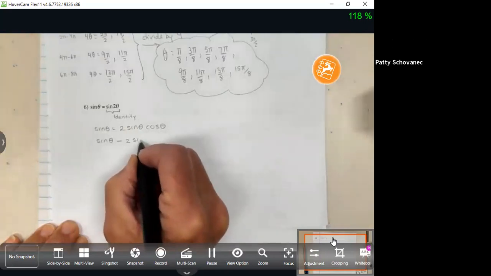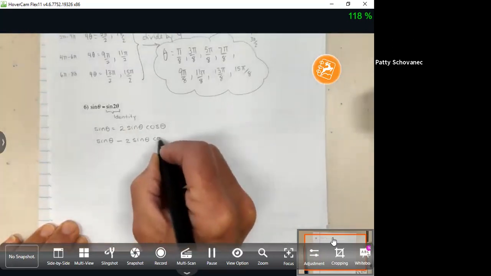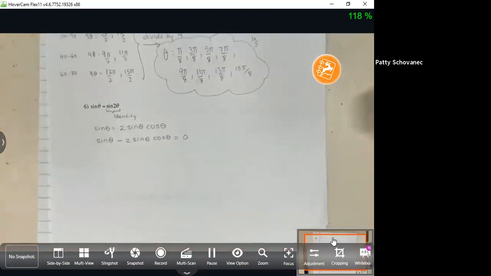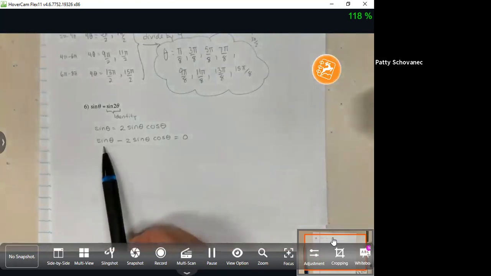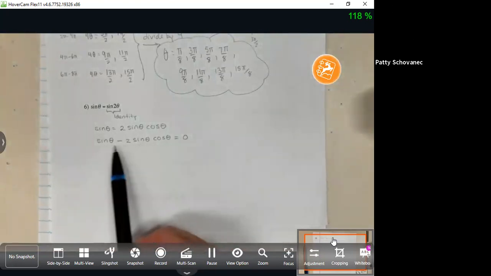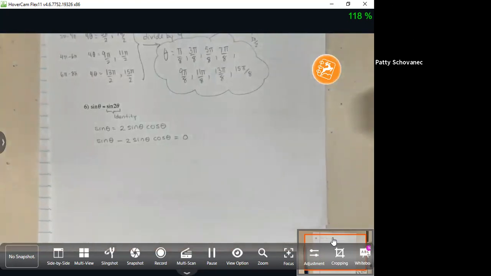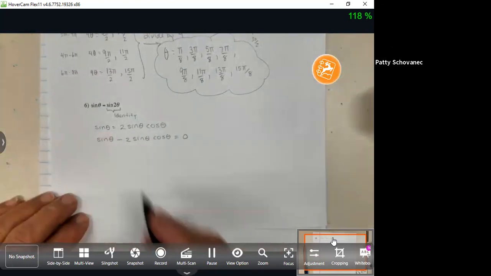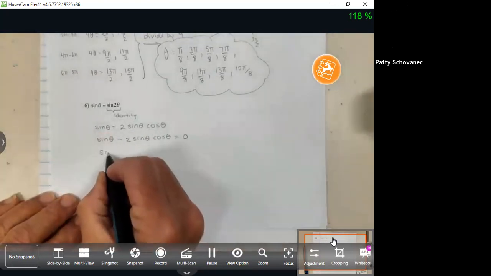Getting a 0 on one side is one of my basic steps because I'm going to try to solve by factoring. This is an example of an equation that has two terms with a common factor. And we're going to pull the common factor out. I'm going to pull a sine of theta out of each term and put it out front.